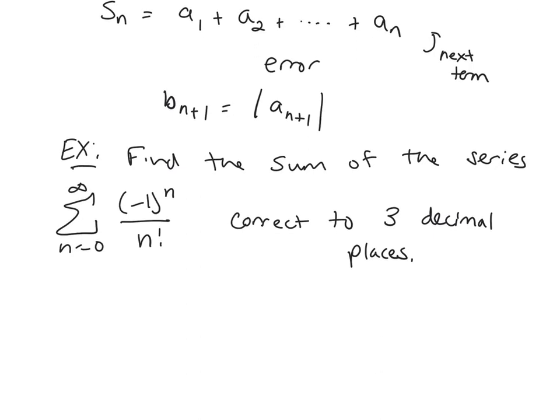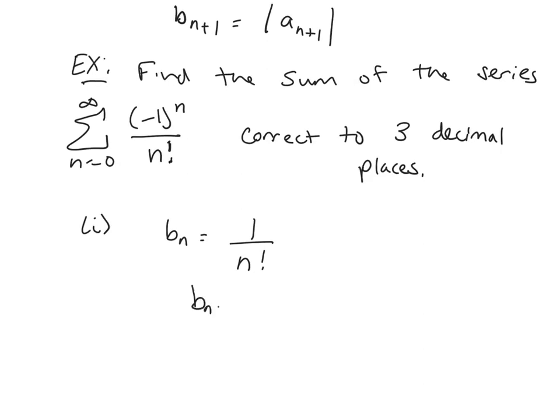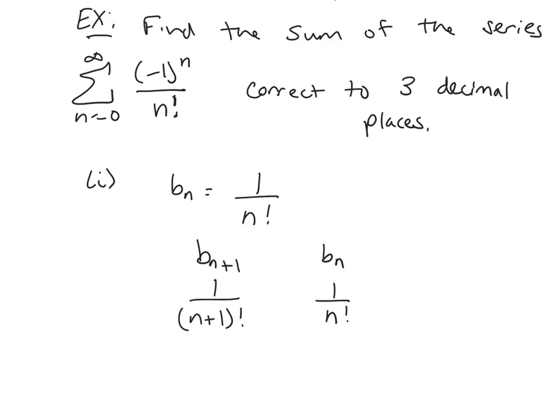So let's start with showing part 1 of the alternating series test. We should identify what is our b sub n here. Remember I said 1 over n factorial. It's a factorial. Okay, so I want to compare b sub n plus 1 with b sub n. And I want to know which one of these is larger.